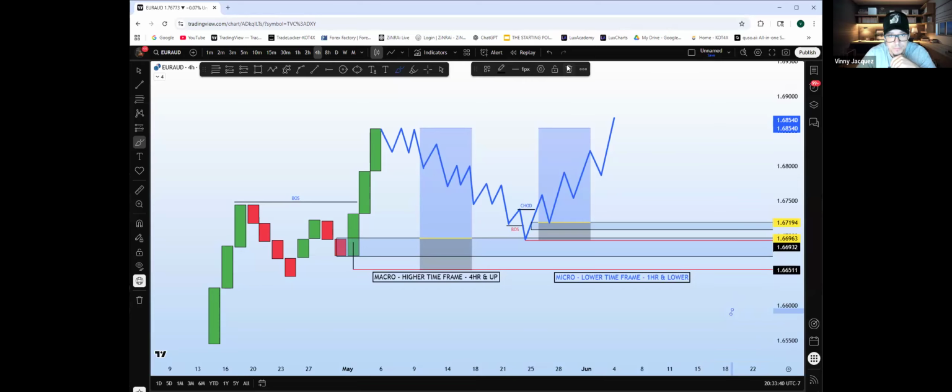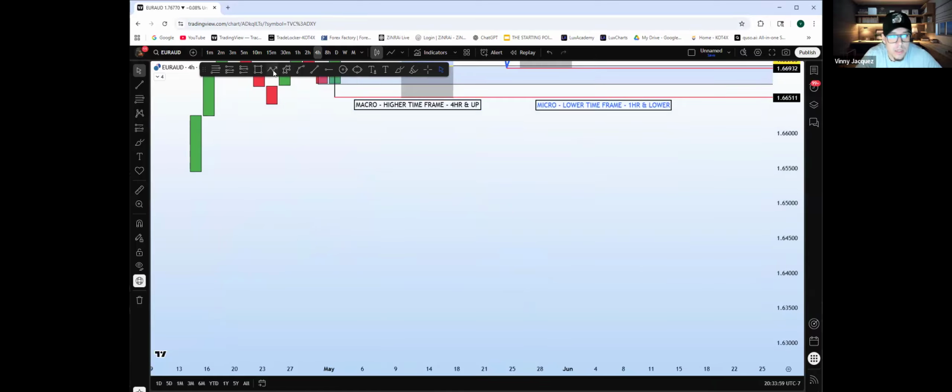I'm telling you guys, this is how the market moves. If you do not mark up your zones and do not adjust your zones, you're going to miss opportunities. I don't care how the market looks, guys. If the market is choppy and we break out, mark it up.